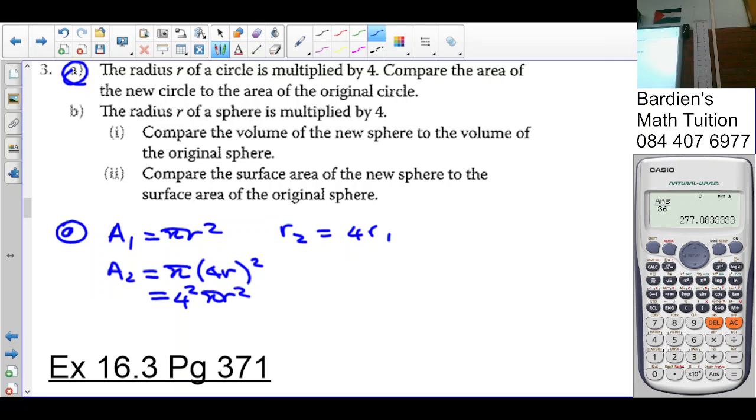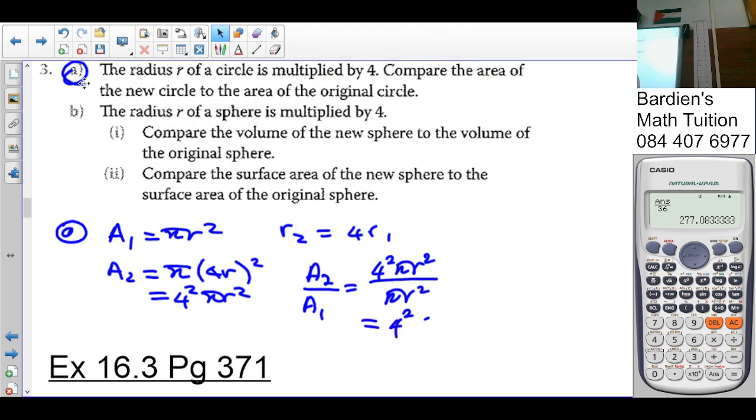Then let's compare the areas. So how do we compare as we did before? We say A2 divided by A1, which is 4 squared pi R squared over pi R squared, which is 4 squared. Okay, so the area of the second circle will be 16 times greater than the area of the first circle. Can you see that, people?